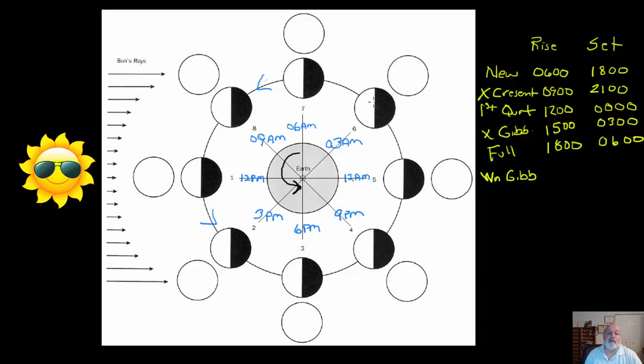And we're going to see that one, which is located right there. The first time we're going to see that is 1800 hours. I'm sorry, 2100 hours. Not even looking at the things I'm pointing to. And then it'll actually set at 0900.